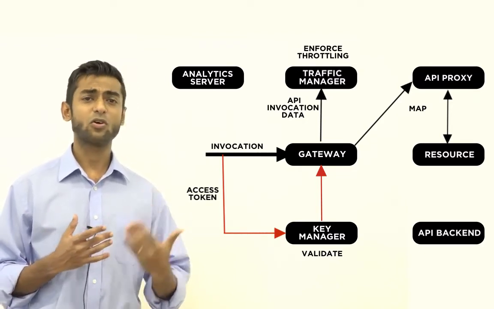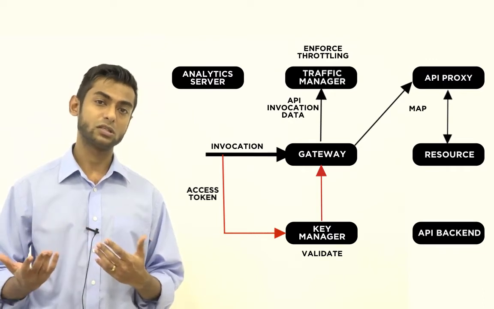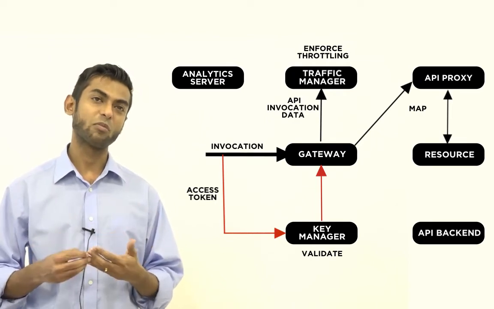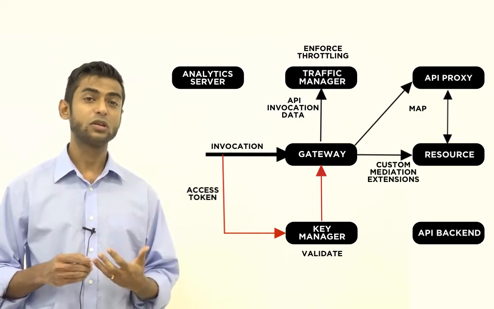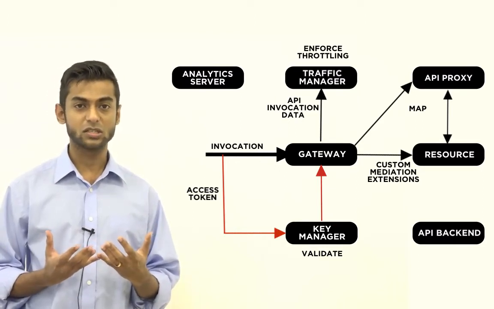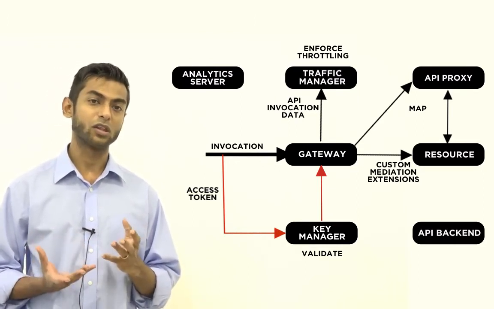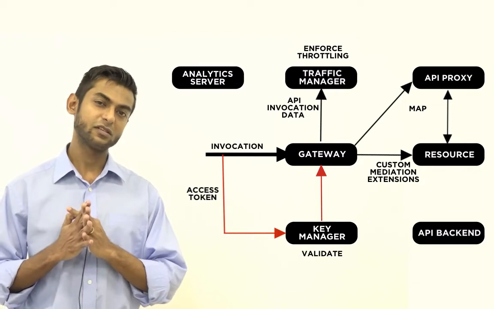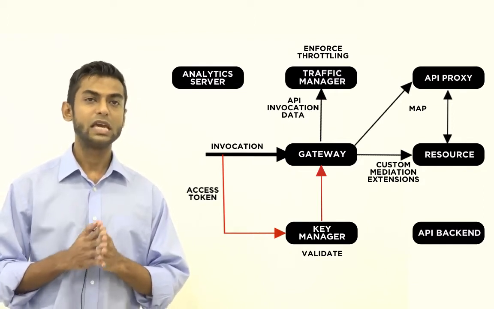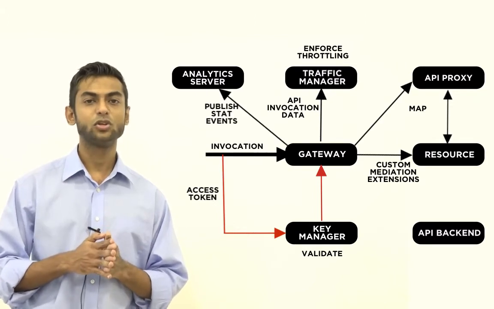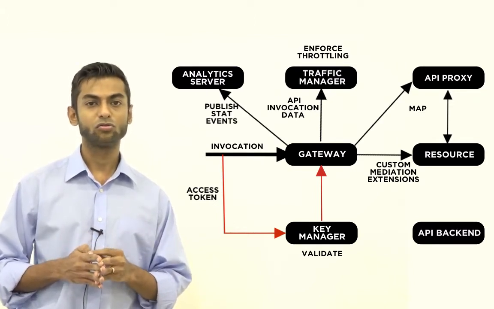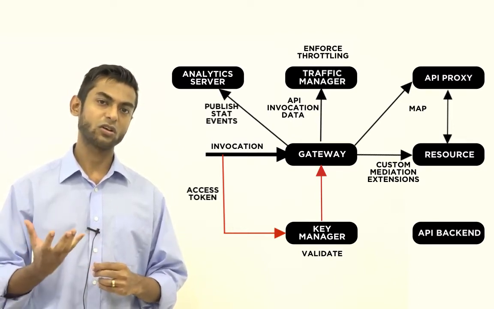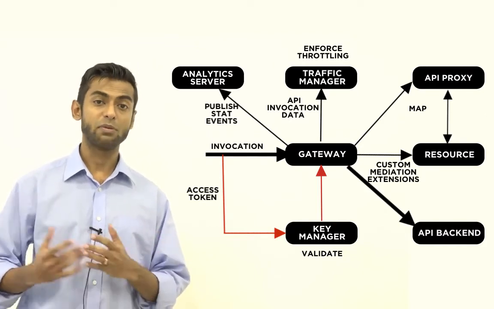Given that the API call does not trip the throttling policy, the next step is that the API gateway will execute any custom mediation extensions that have been configured for that given API proxy. And then if API statistics have been enabled, the API gateway will publish stats events to the analytics server for later analysis. And finally the actual invocation call will be forwarded to the API backend.